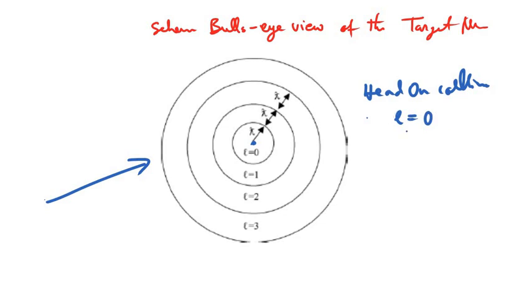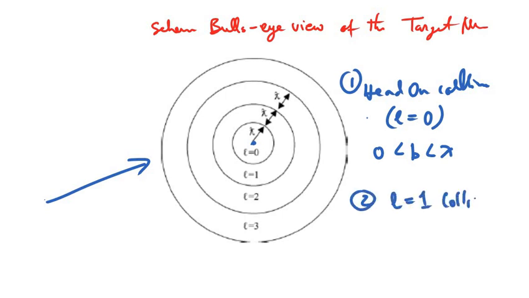In this case b will be between 0 and lambda cross, right? Next we have the L equal to 1 collision. In this case b is between lambda cross and twice lambda cross.